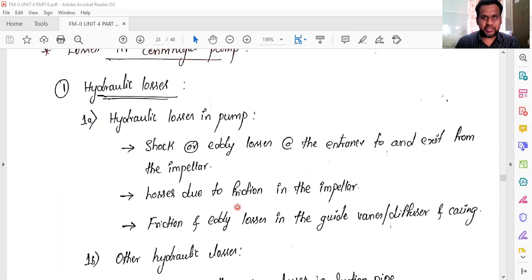Every material will have some amount of friction, so because of that there will be losses in the impeller, and friction and eddy losses in the guide vanes, diffuser or casing. If you see all these points, whether it is shock and eddy loss or friction, remember that these hydraulic losses happen in the impeller or casing portion.